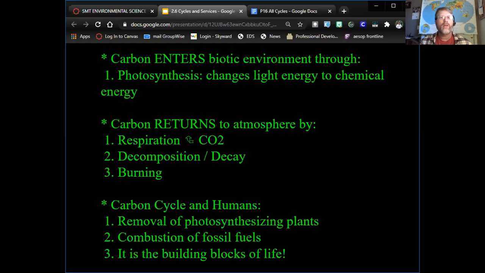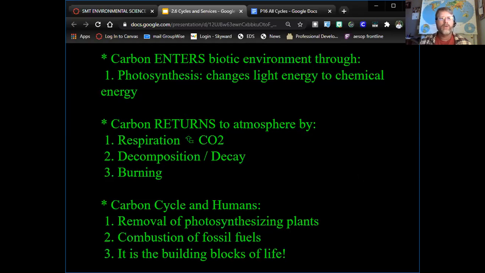Okay, and then carbon will go back into the atmosphere either by breathing, remember our respiration, or plants' respiration will send back carbon dioxide, or when we die or those leaves die, then that decay will take some of the carbon into the soil, but some of the carbon will also go back into the atmosphere, especially if there's something like mushrooms or mold that will push the carbon back into carbon dioxide in the atmosphere.